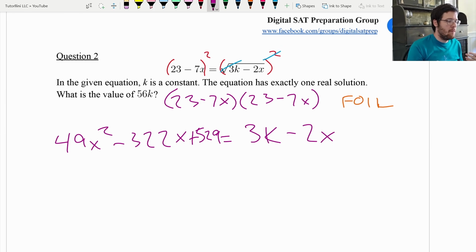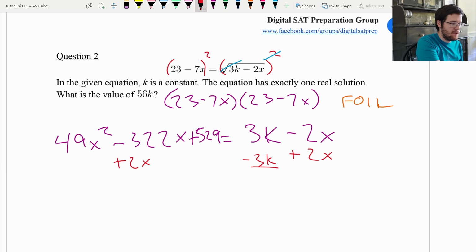So, I'm going to add 2x to both sides to get everything to the left side. And then I'm also going to subtract 3k from both sides. And these two guys will go away.